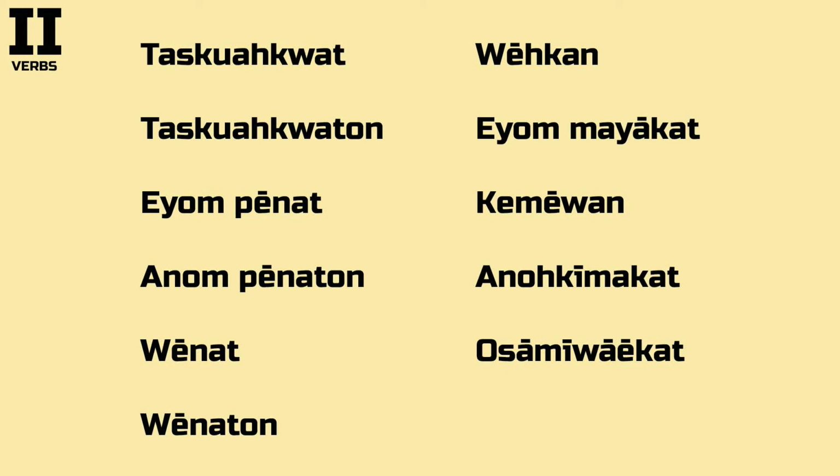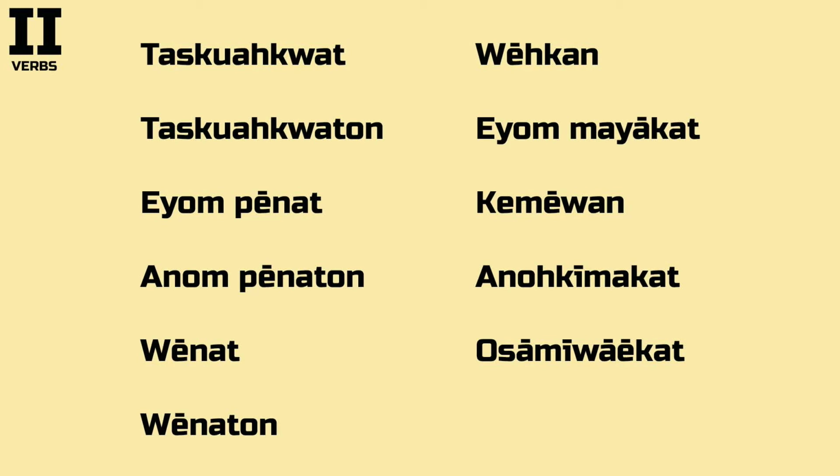Wainatun. Wehkan. Iom mayakat. Kimewan. Anokimakat. Osami wakut. All right, those are all examples of II verbs and where sense allows can be used to modify inanimate nouns.